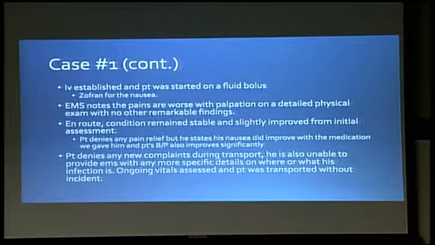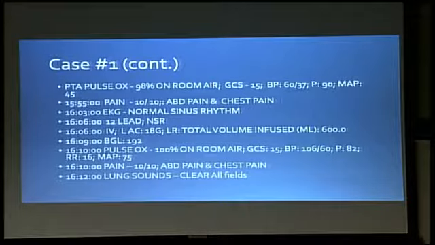En route, condition remains stable, slightly improved, denies any pain relief, denies any new complaints during transport, and was unable to provide EMS with any more specific details, but did provide some more detail to at least FHIR, saying that yes, he had TB and he was supposed to be taking medicine, but he wasn't taking the medication.